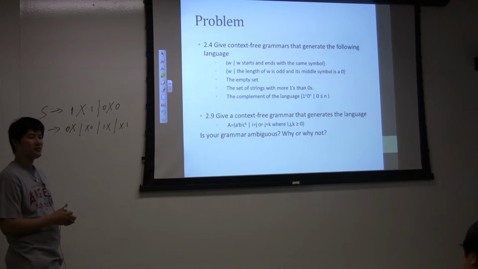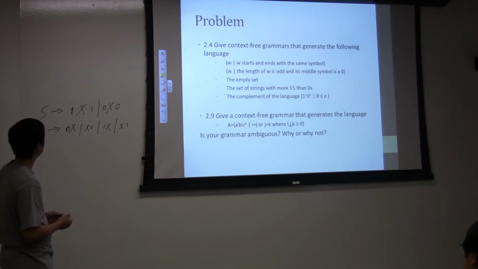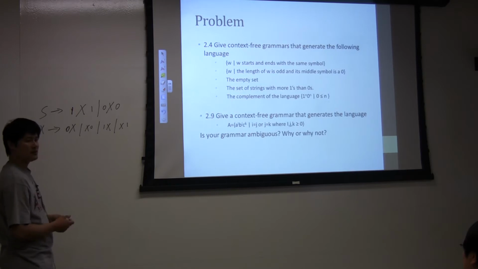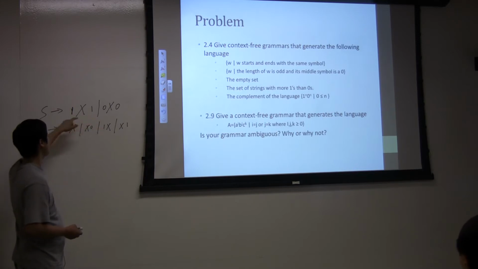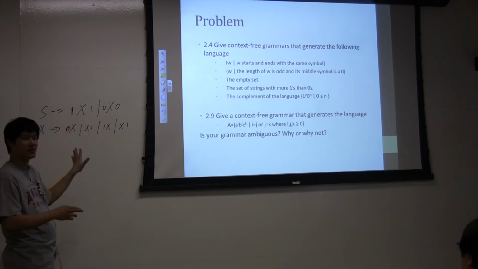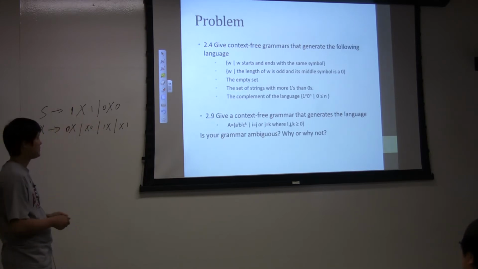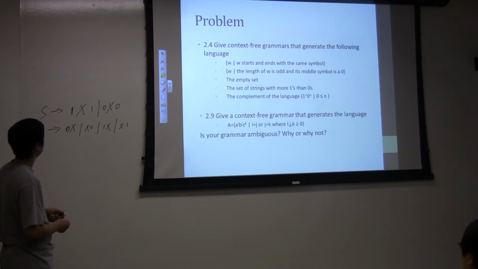Yes? Since X is in the middle of the string there? Yes. The first rule says you start with 1, you have an X in the middle, and then you end with 1, or with 0. The first rule says it must start and end with the same symbol, and X is an arbitrary string. So then couldn't X just be 0 or 1?